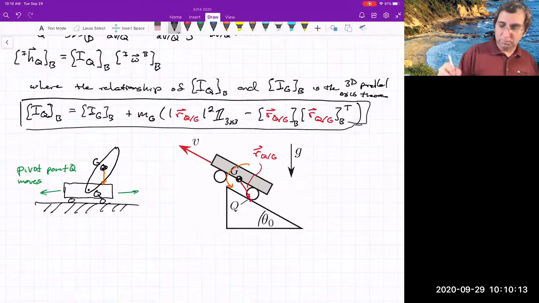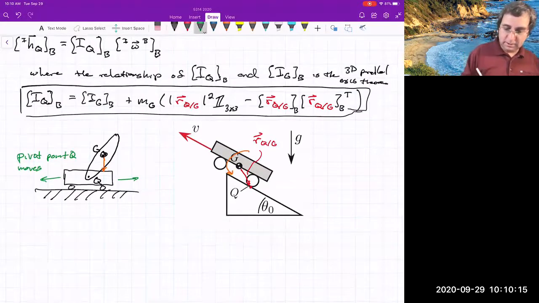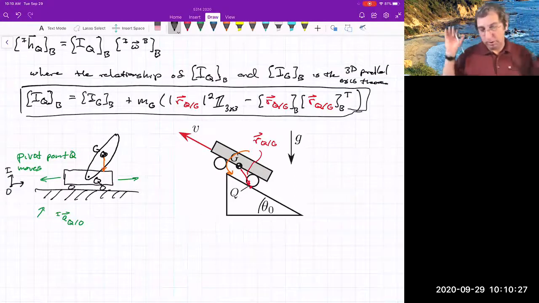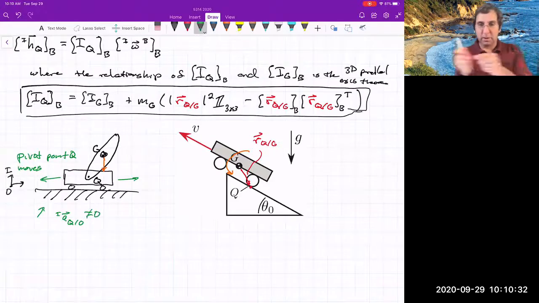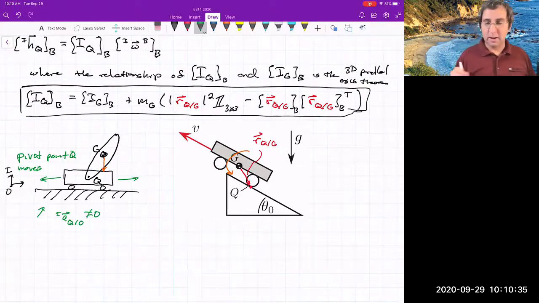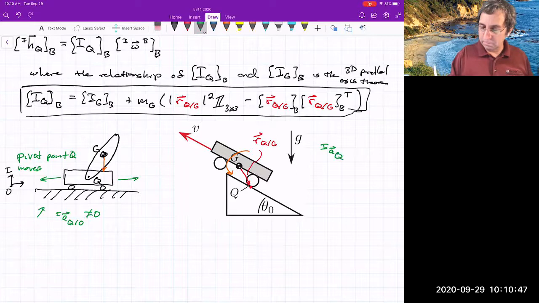Over here, for this cart pendulum system, the acceleration of the point Q with respect to some inertial origin, here's some inertial origin, is going to be non-zero because maybe the cart's moving back and forth and whatnot. Over here, you can assume that the point Q is moving at a constant velocity.